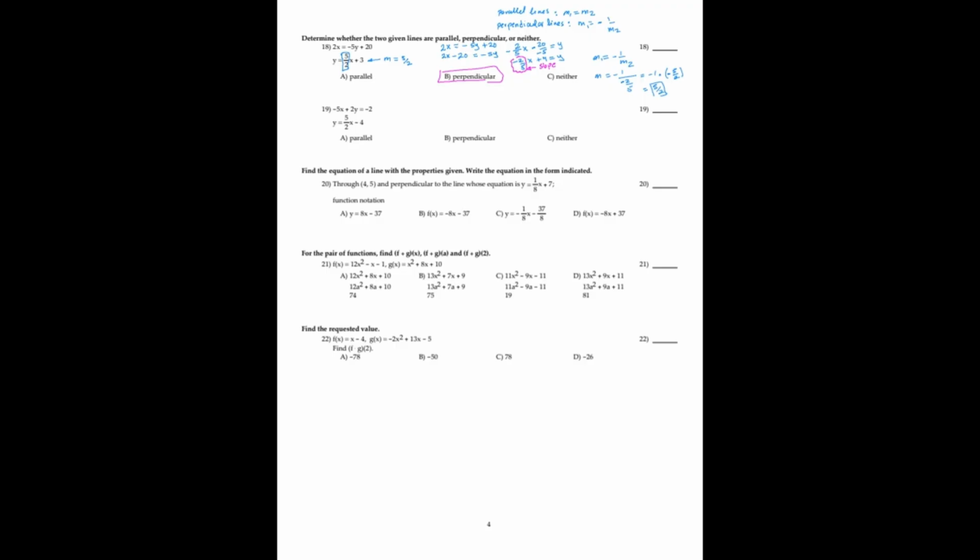Now they give me these other two. Here, again, it is pretty clear that the slope is 5 over 2, because the slope is this number. What about the other? The other line is minus 5x plus 2y equals minus 2. So I have to solve for y.